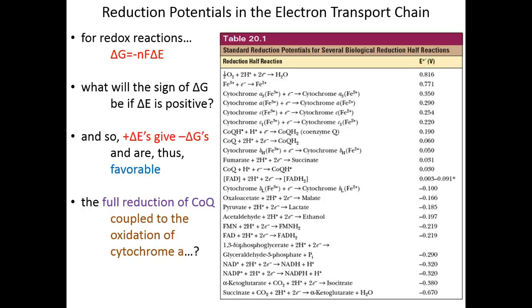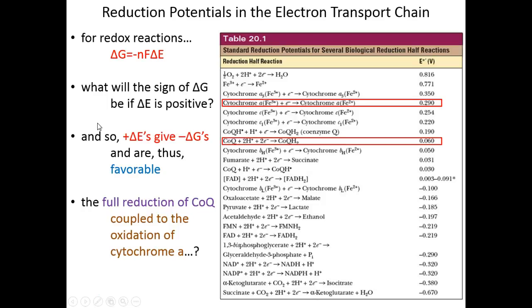Let's look at another one. The full reduction of CoQ coupled to the oxidation of cytochrome A. First, let's find those on the table. Here they are, CoQ and cytochrome A. In this example, we're saying that CoQ is reduced, so we leave this value alone, positive 0.06. And we're coupling it to the oxidation of cytochrome A. That means we have to flip the value of this one because we're considering its oxidation.